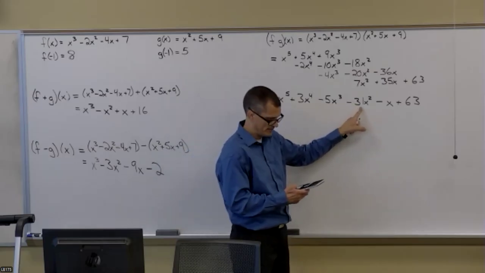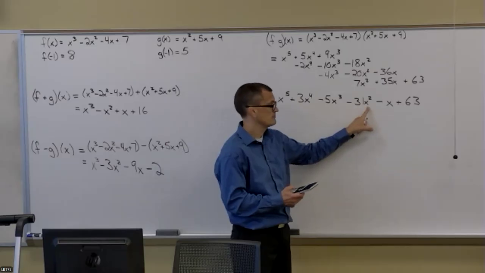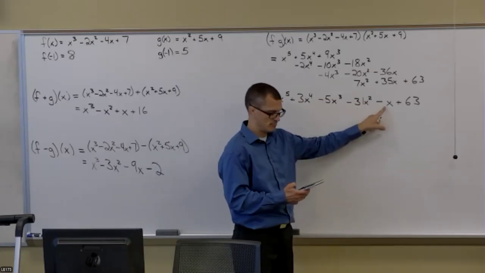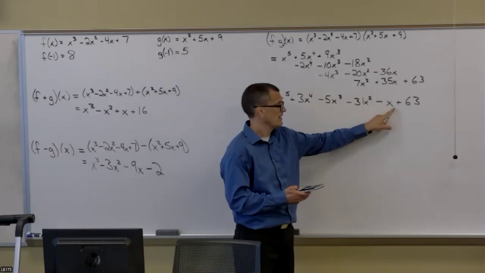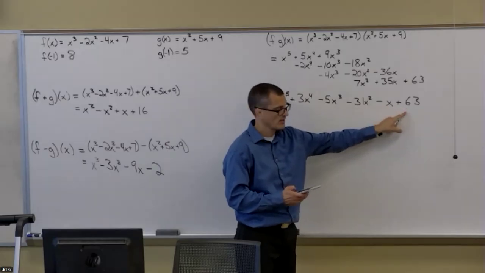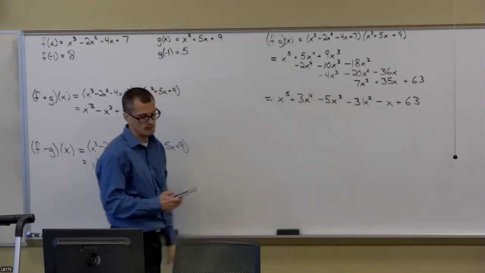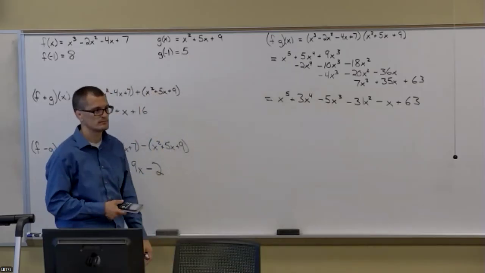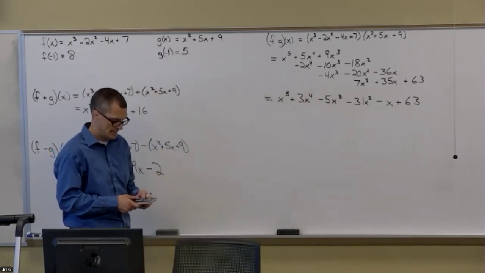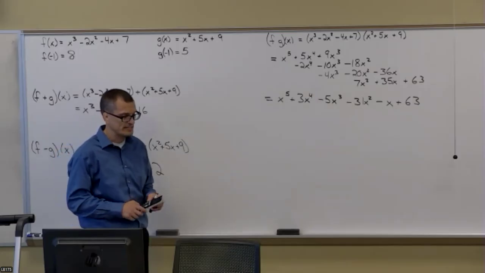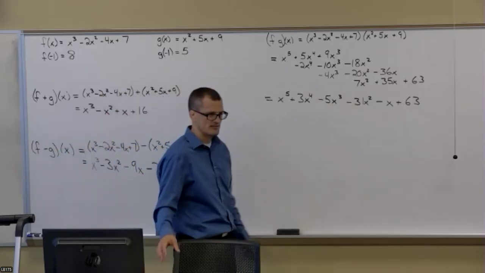This would be a minus 31 when I plug in -1. This would be a plus 1. And this would be a plus 63. When I added all those up, I got 40. So that's not a guarantee that I did it right, but it's pretty good evidence that I did it right.